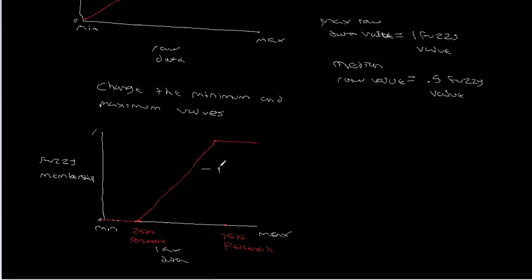We have a faster transition. We're going from 0 to 1 fuzzy values over fewer raw data values. So that transition is happening faster, meaning there's going to be a bigger difference in fuzzy values over the same range than there was in the original data.